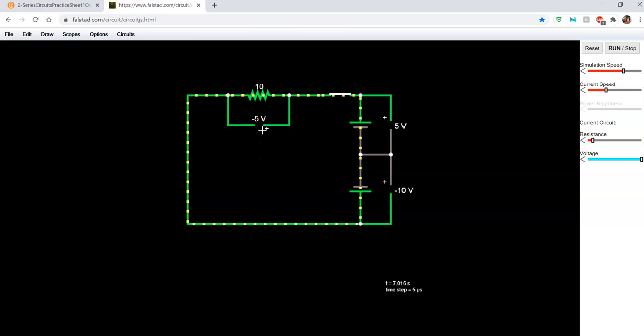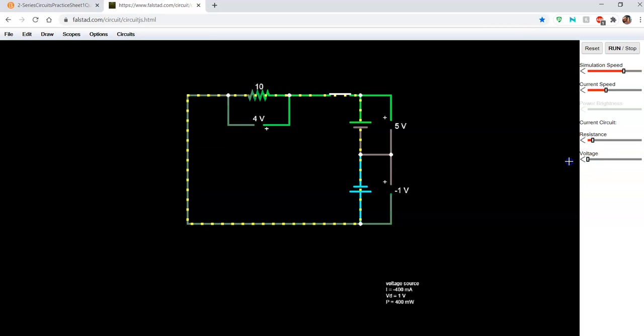Now I have this minus 5 volts. It doesn't indicate that we have a lack of voltage. It only indicates that our voltage is flowing. Sorry, I shouldn't say voltage flows. Voltage is just pressure. So our current is flowing in the opposite direction than the original flow.